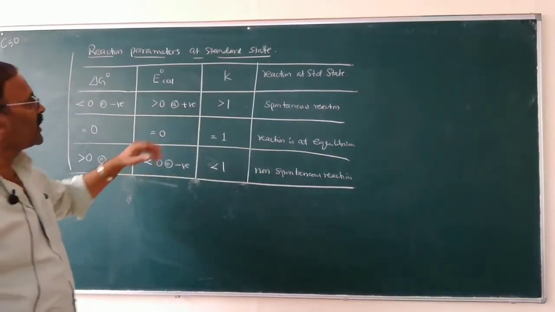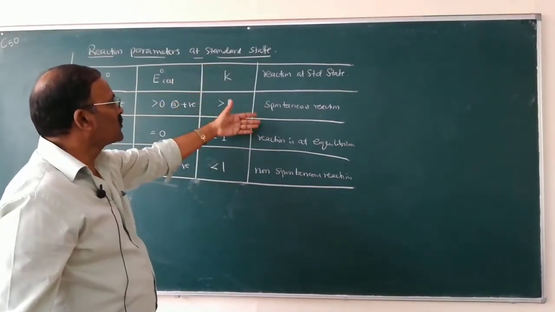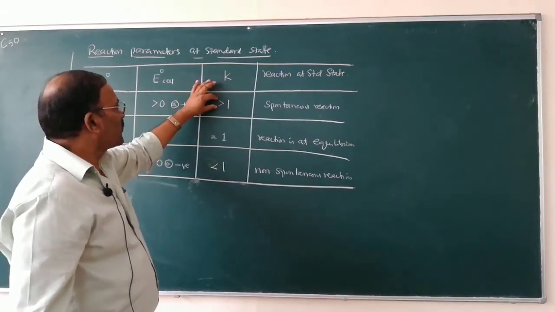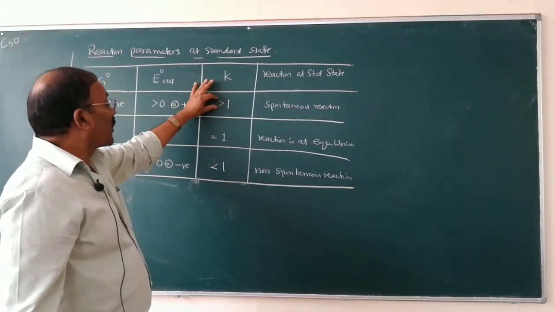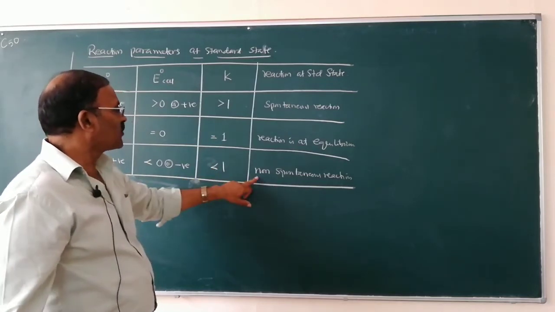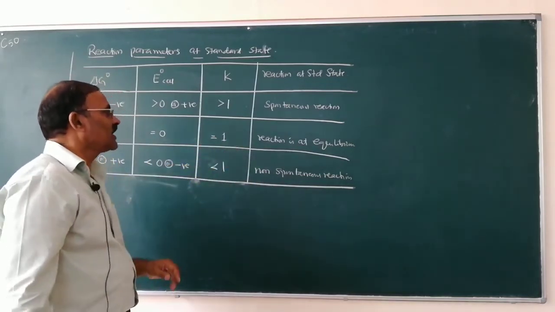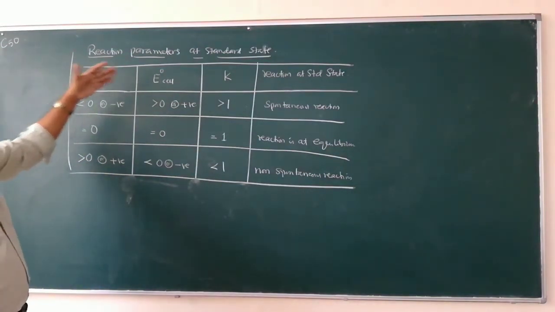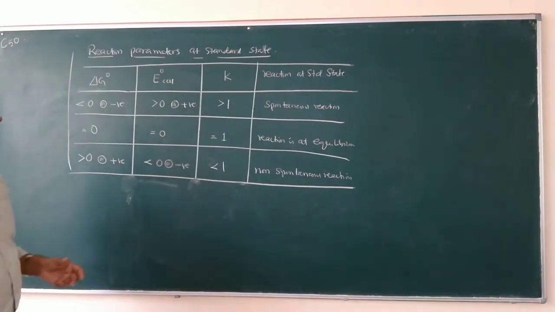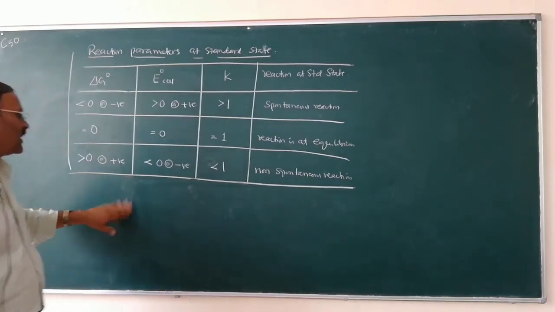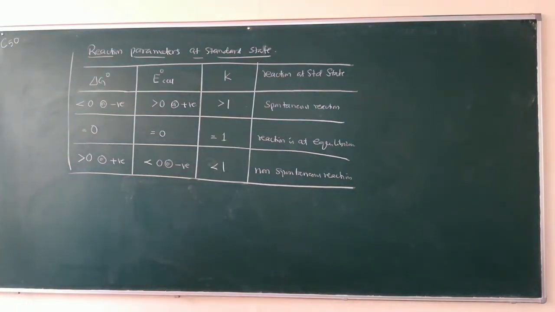Depending upon the value of equilibrium constant, we can also decide: greater than 1, spontaneous; less than 1, non-spontaneous; equal to 1, the reaction is at equilibrium. So depending upon the value of delta G naught, E naught and K, we can say whether the reaction is spontaneous, non-spontaneous, or at equilibrium. Next I will give you one problem.